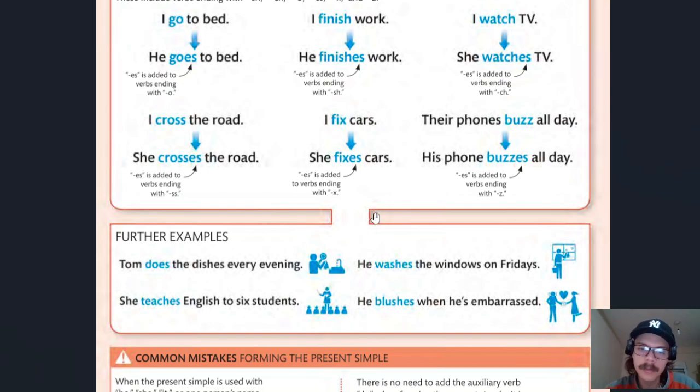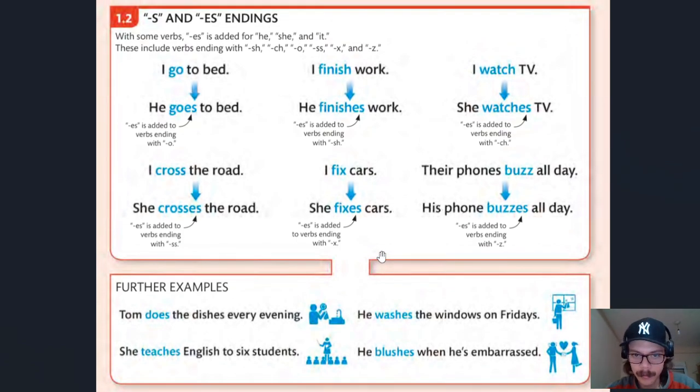For example, in the word fly. With the word fly, it ends in Y, but the letter before it is an L, which is a consonant. The reason this is important is because in those cases, the way that you add S changes. Okay? And here's how it changes.